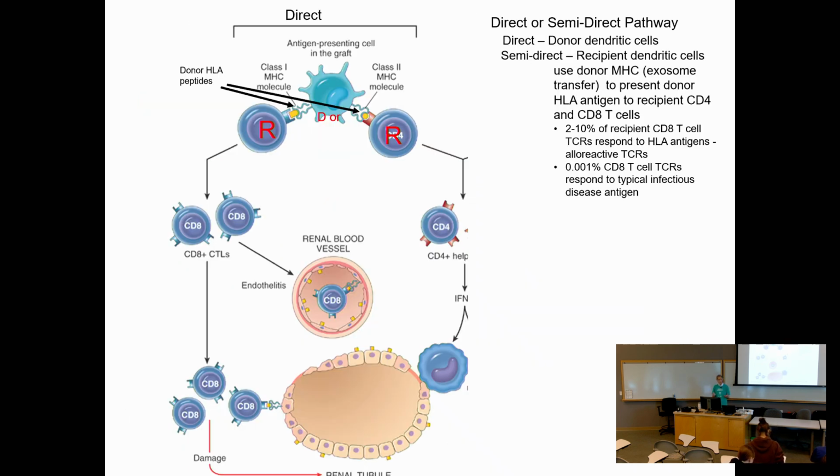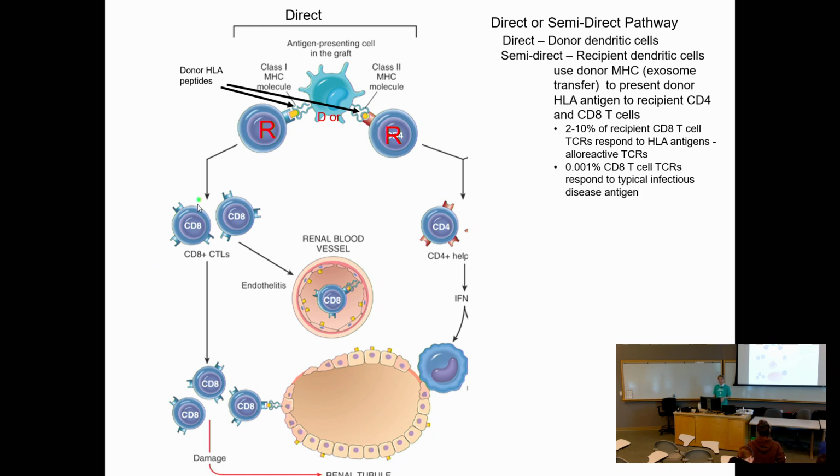So there are two different pathways for acute rejection. It's so-called direct pathway, and this is where you have donor antigen-presenting cells that are presenting donor HLA peptides to recipient CD4 or CD8 cells that kick off the cellular response.